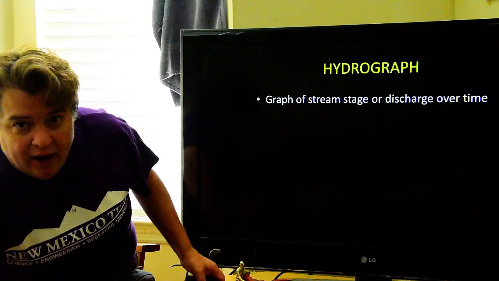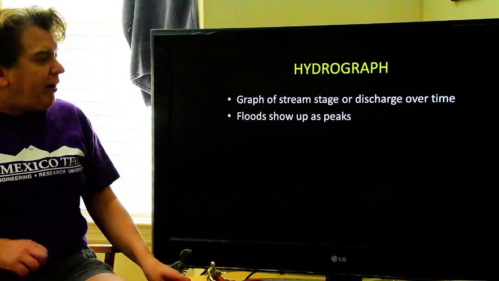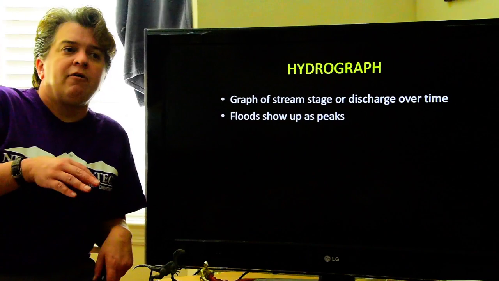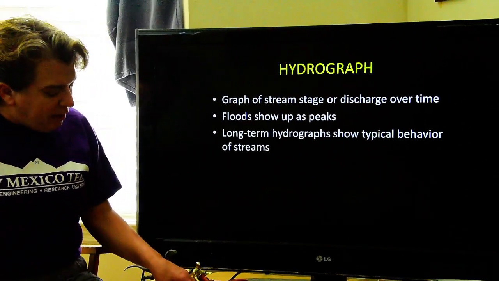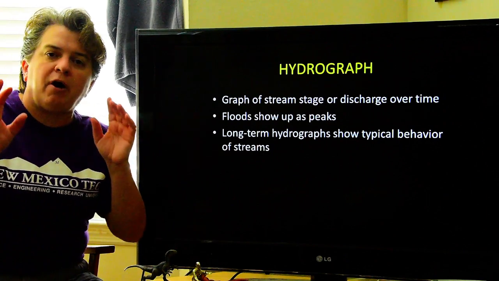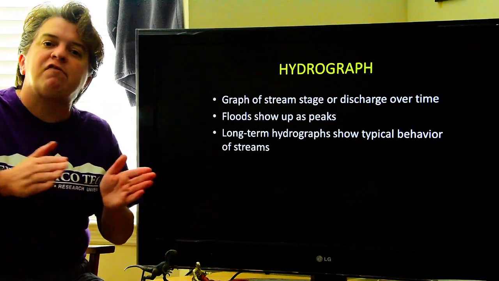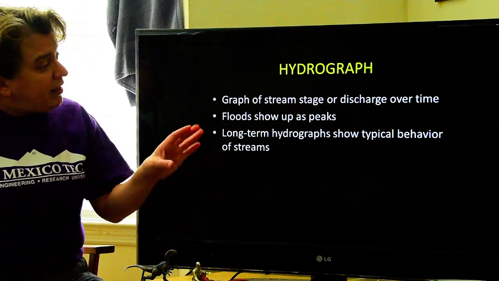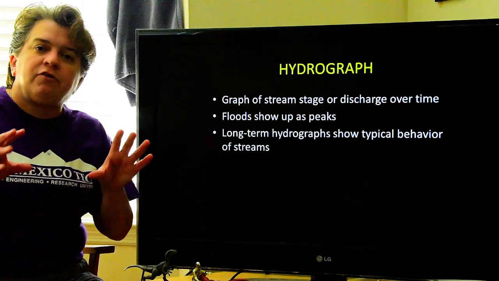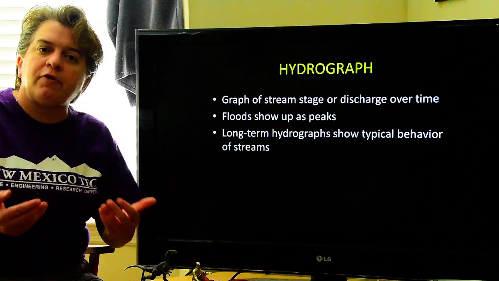Now, with these hydrographs, why do we use them? Well, first of all, the floods, as you could see, show up as peaks. But if we have long-term hydrographs, ones that span years, or in some cases decades, we can see what the typical behavior of the stream is like.